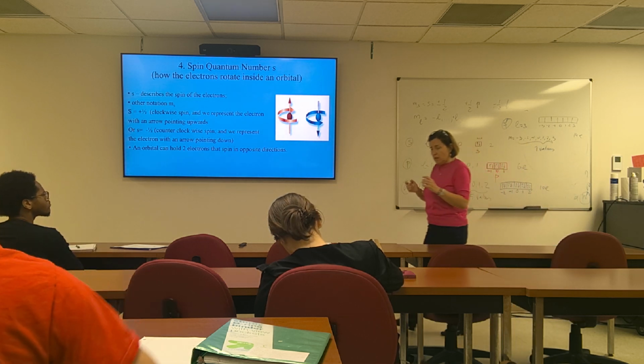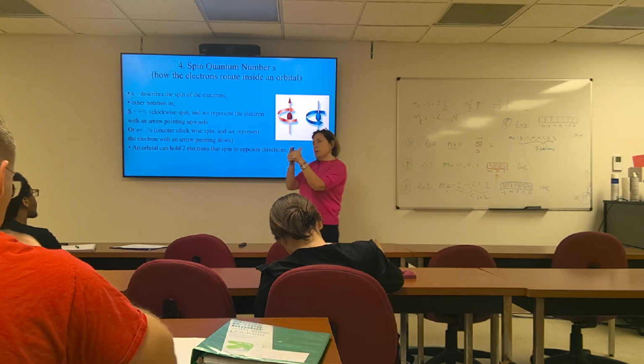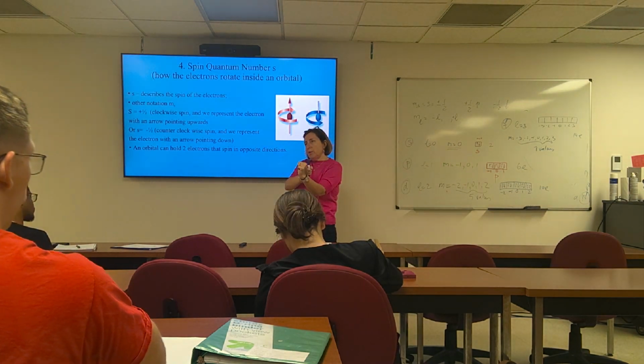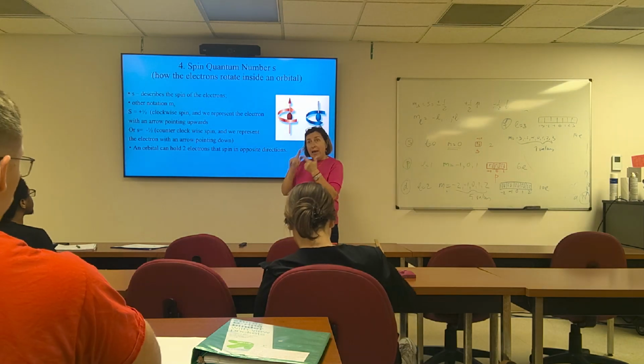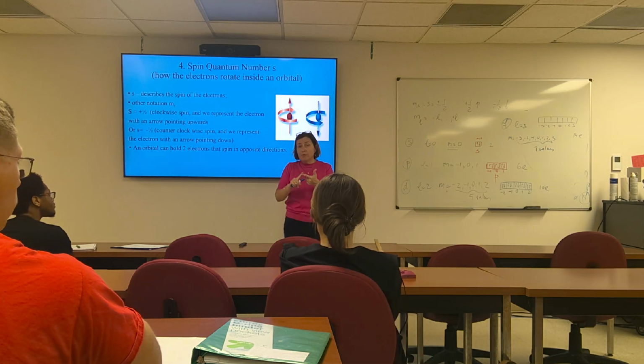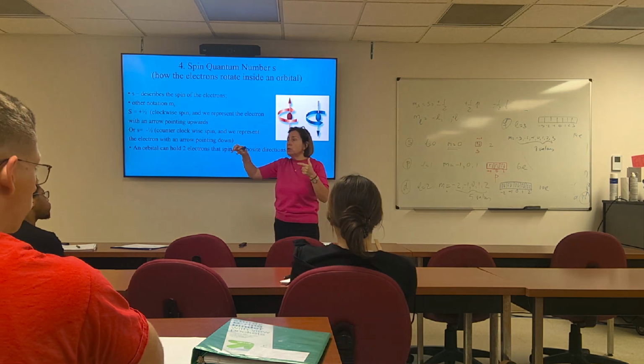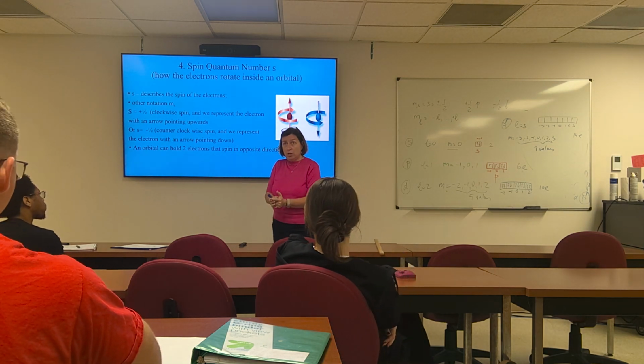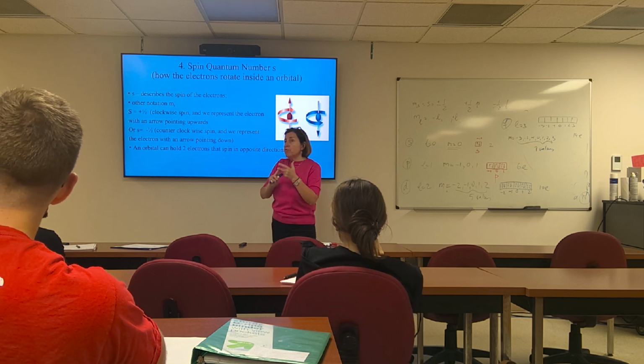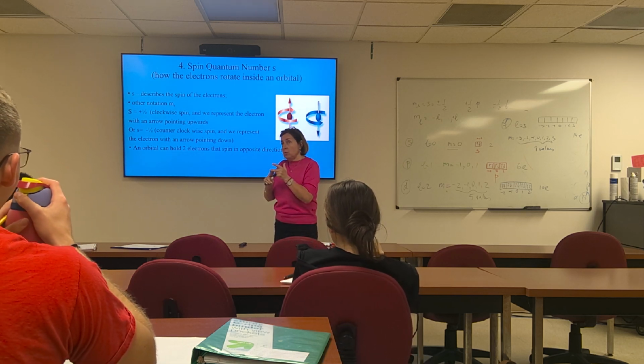Good? So the 4 quantum numbers: N, the principal quantum number, tells you the energy level. L, the secondary quantum number, tells you what kind of orbital the electron can be in at a certain energy level. The third number refers to what's inside of an orbital, okay?